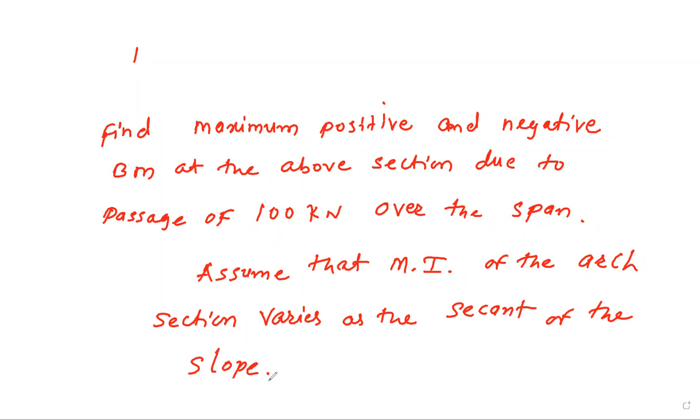Okay, find out the maximum positive and negative bending moment at above section due to passing of 100 kilonewton over the span, assuming that moment of inertia of arch section varies as the secant of the slope. Okay, is it over? Shall I proceed? Yes, sir. Okay, right. Now, solution.